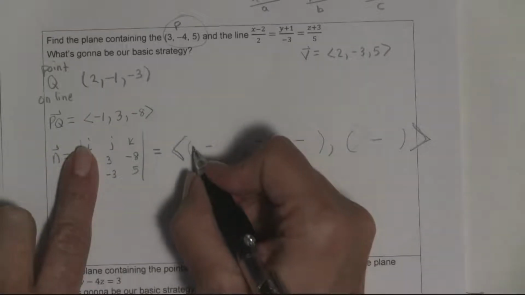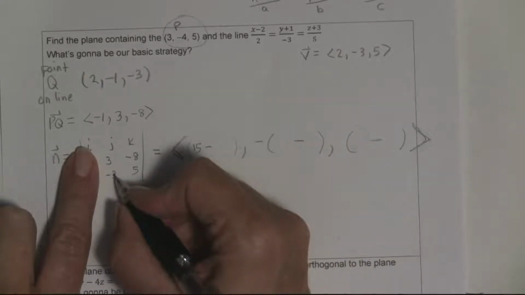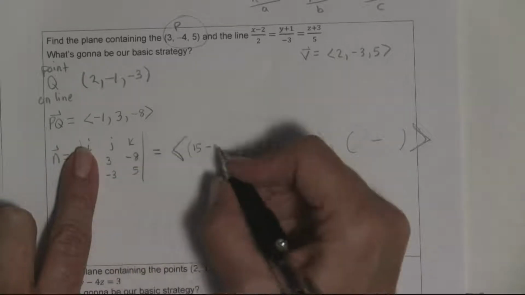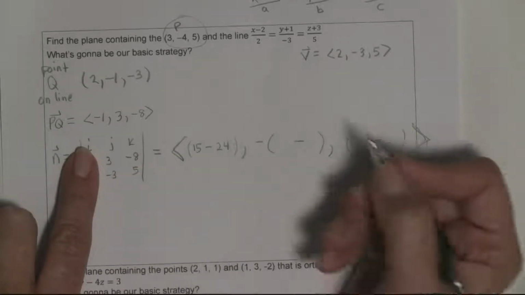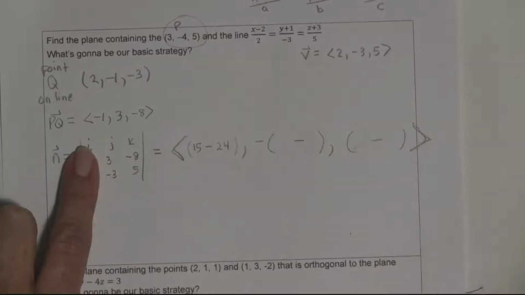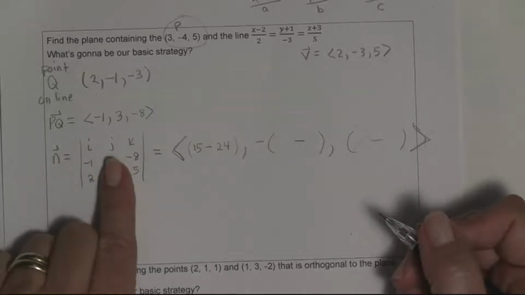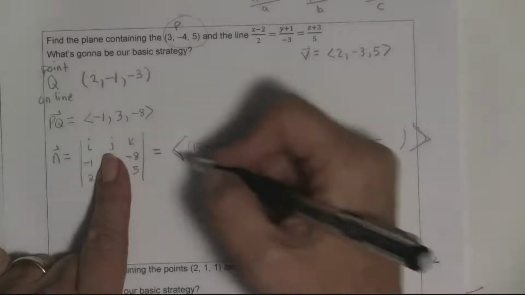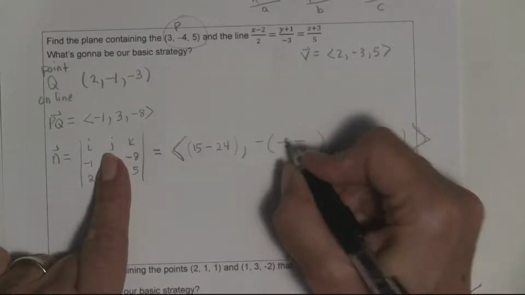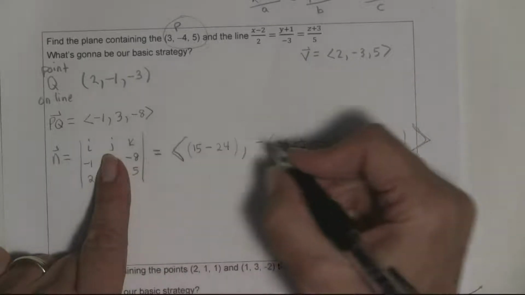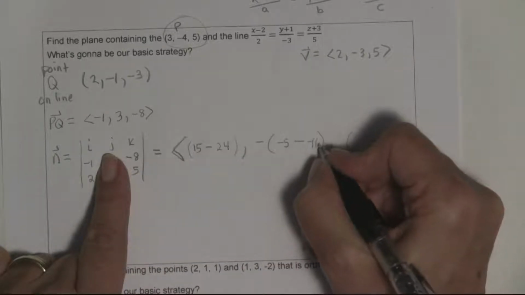So for I, this is 15, and then it is 24. So subtract, and then I multiplied, so 3 negative, so I get a minus. And then I get -5, and back the other way, -16.